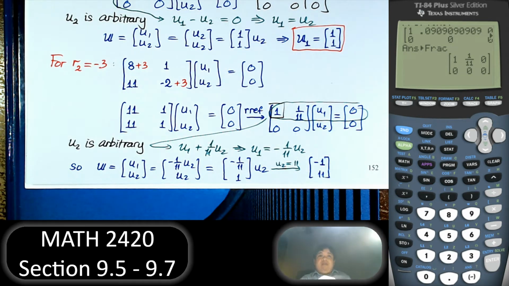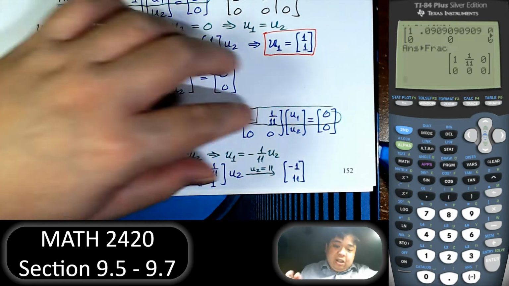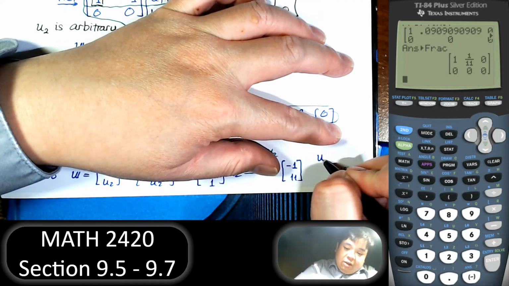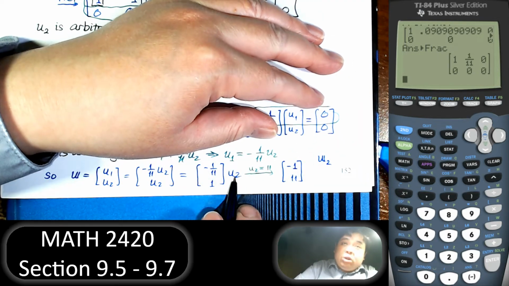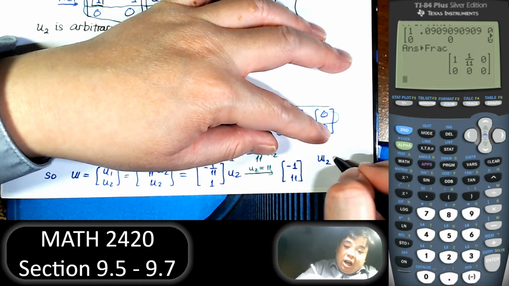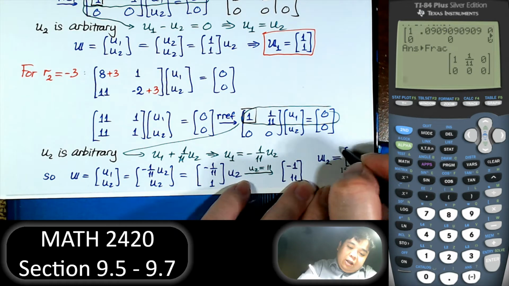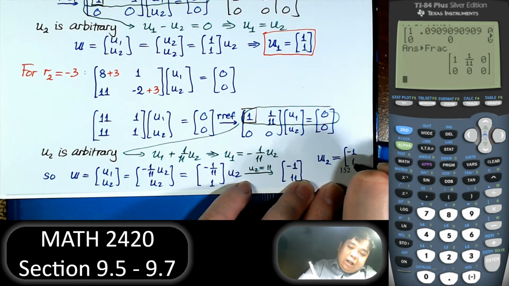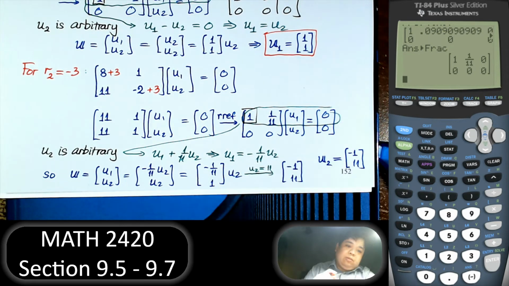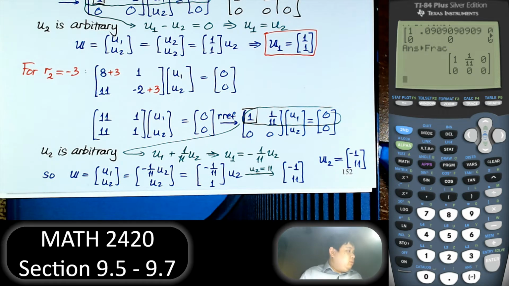Sometimes we choose a number so that there's no fraction. So in this case, the eigenvector is -1 and 11. Right, that's simple enough.